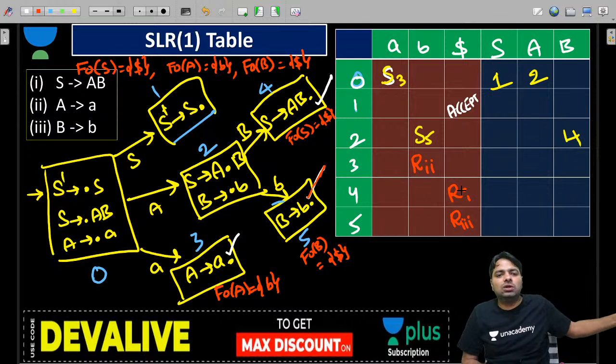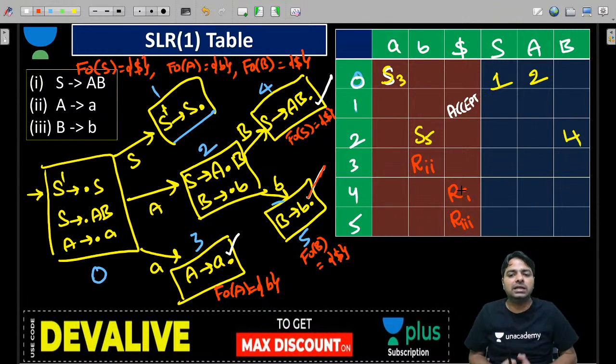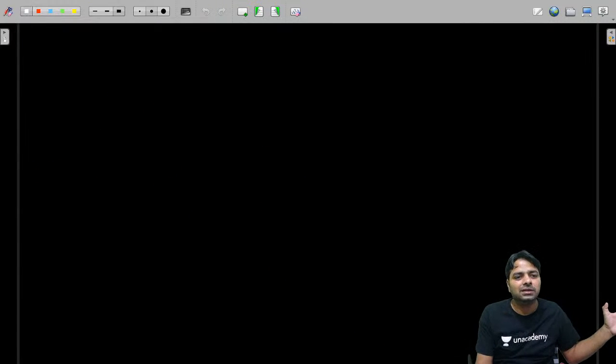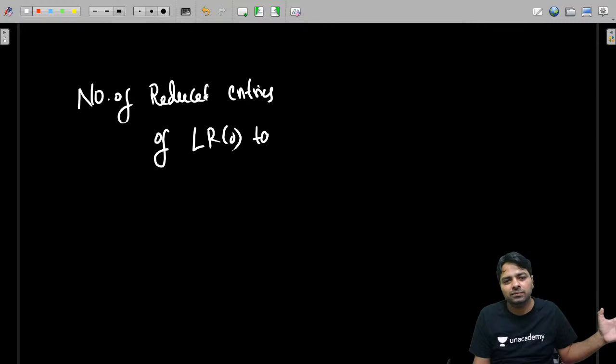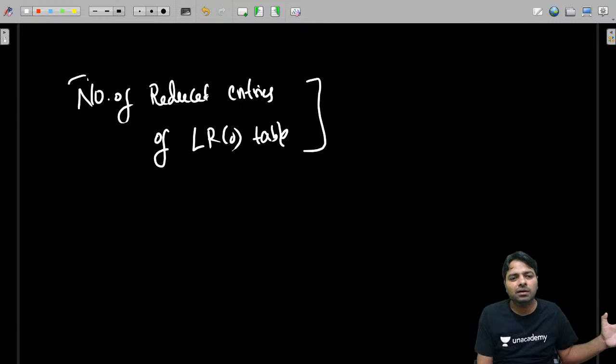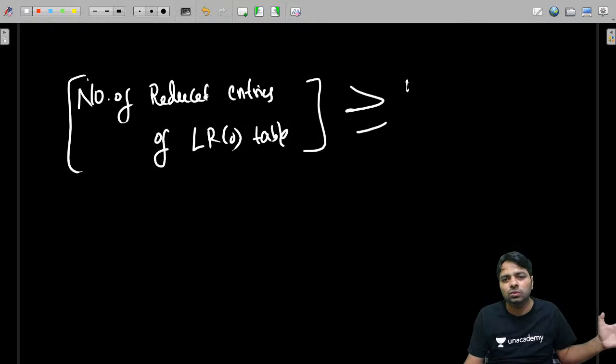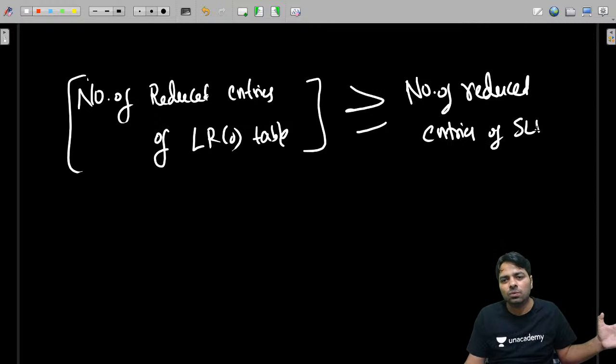If you look at LR0 and SLR1, the number of reduced entries may be less in SLR1. Can you relate that for the same grammar, the number of reduced entries of LR0 table will be more than or equal to the number of reduced entries of SLR1 table?